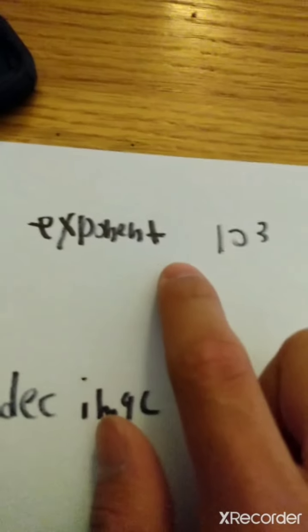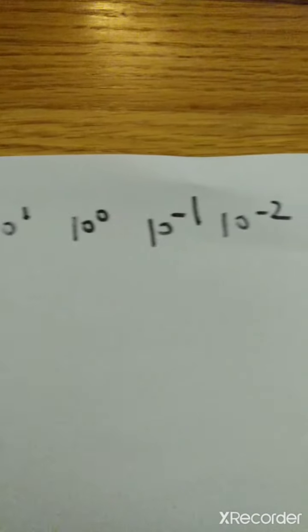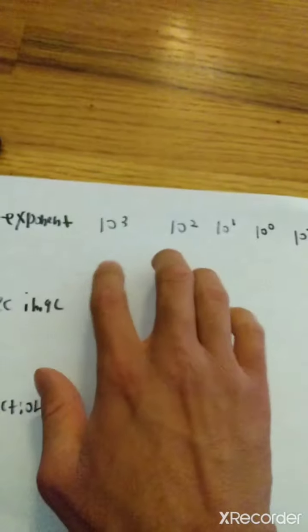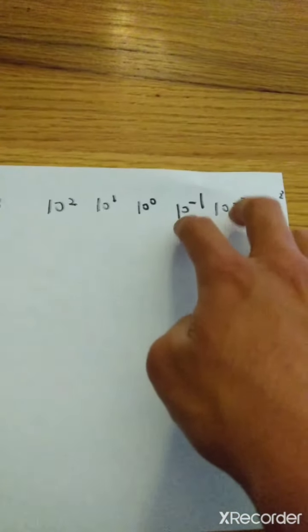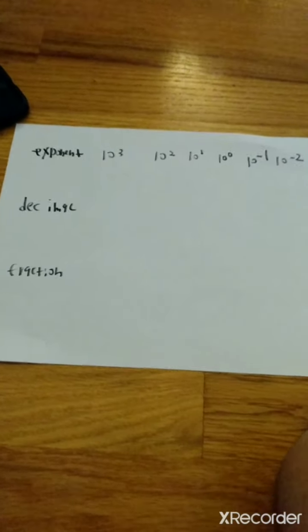So for the exponents, here are all the exponents. You notice on the left side, here are the positives, and on the right side, these are the negative exponents. Let's start investigating.